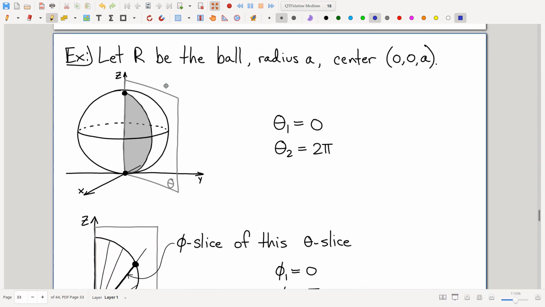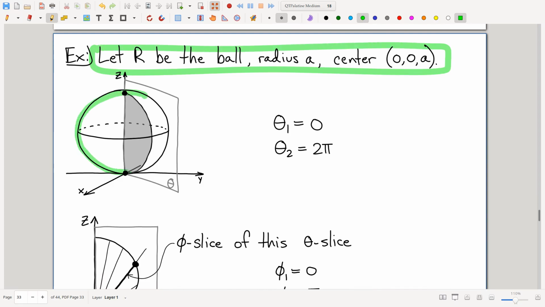Okay, so here we go. We'll start off by looking at this ball. Not centered at the origin, notice. It's centered on the z-axis, but in such a way that it's tangent to the xy plane at the origin.